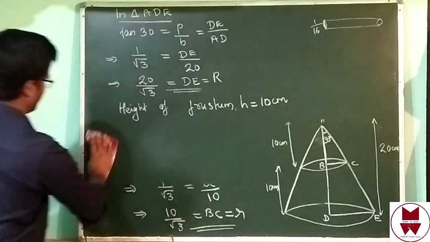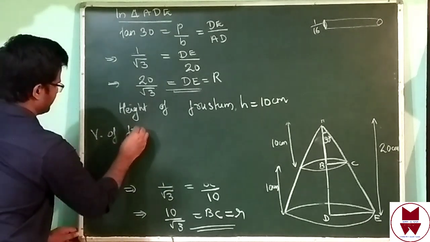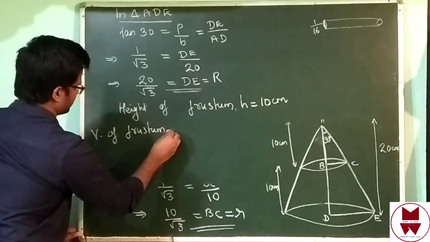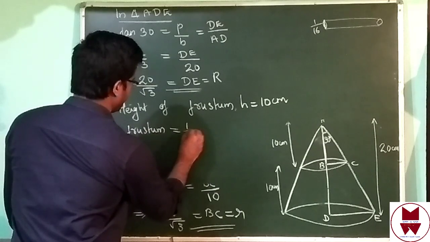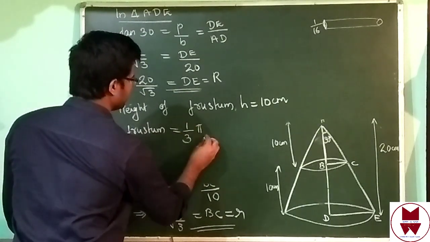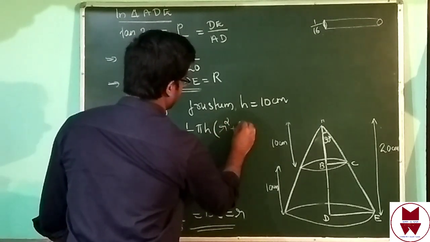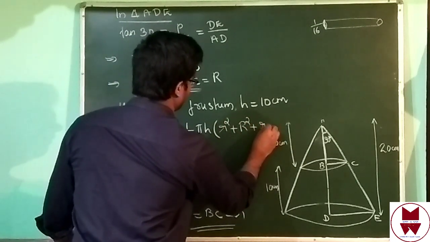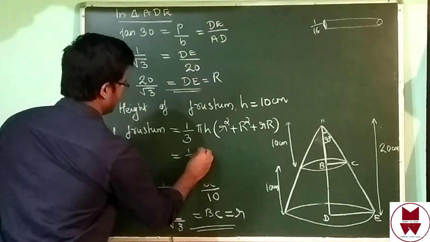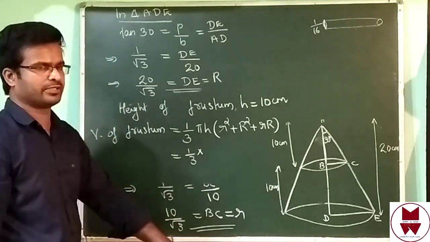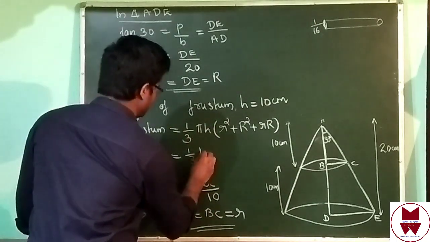Now we can find out the volume of frustum. Volume of frustum equal to, one formula we already studied, that is 1 by 3 pi h into small letter r square plus capital letter R square plus small letter r into capital letter R. In this formula, is the pi value given anything? Pi value is not given. Okay, then no need to write the value, just write pi.